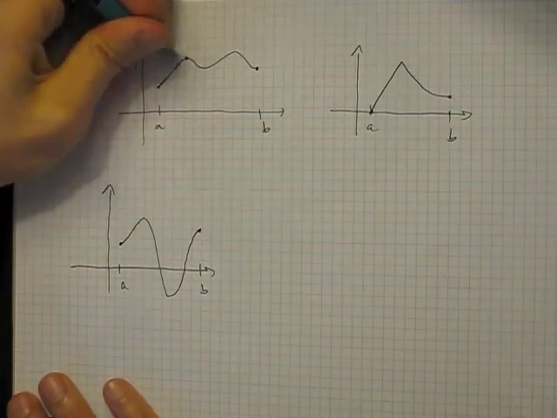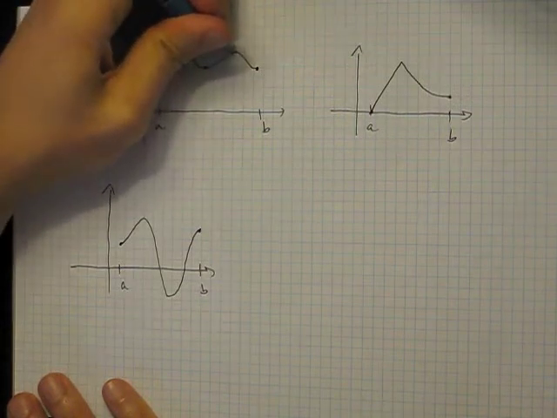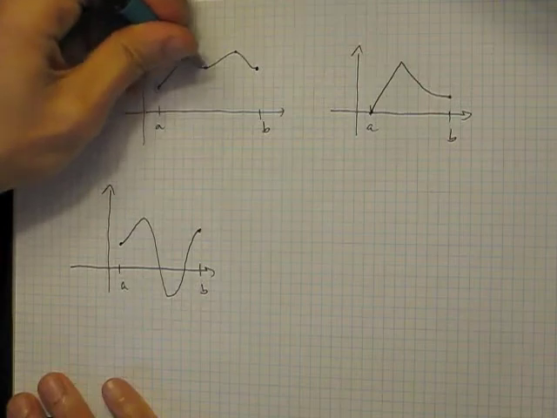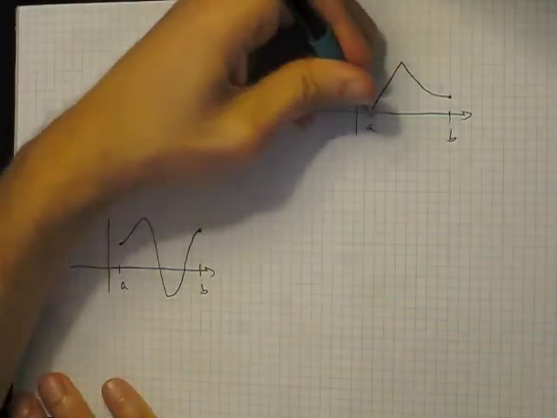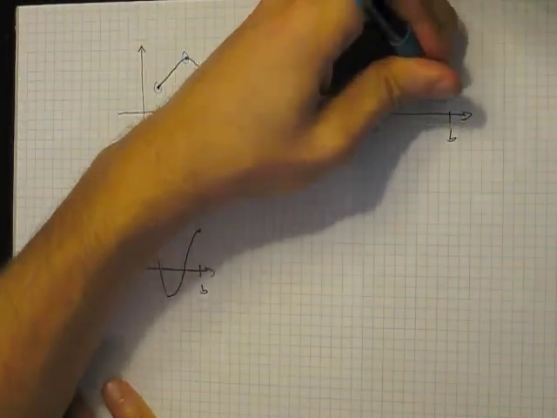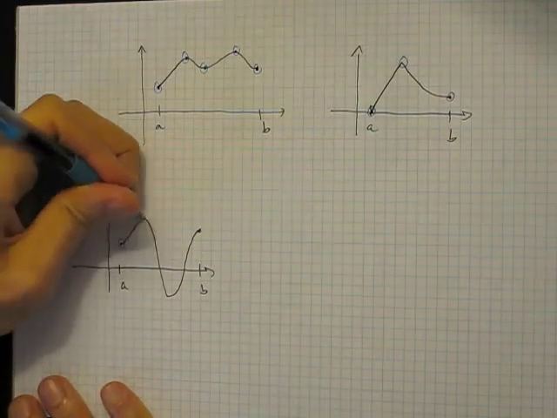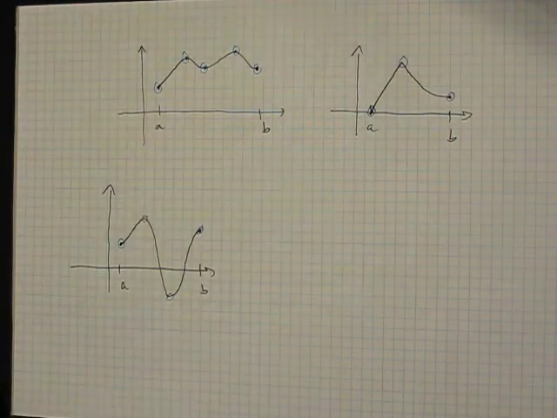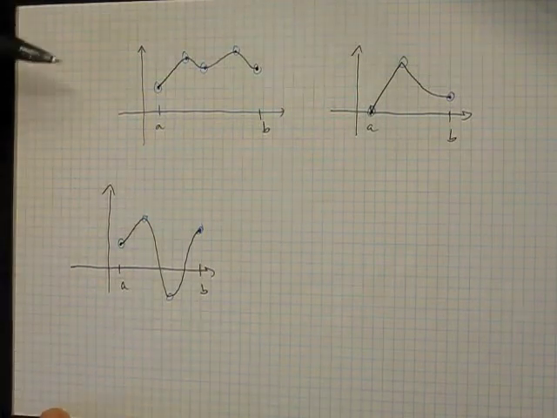So here are the candidates for these points. Okay. What do you observe about the points that I've circled?